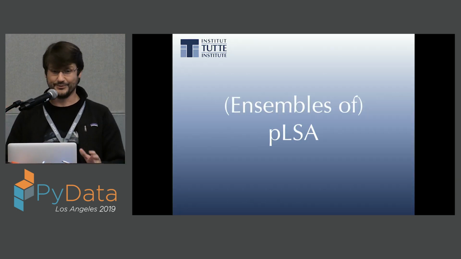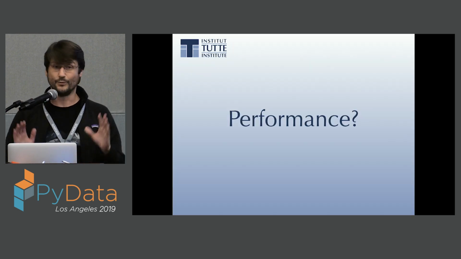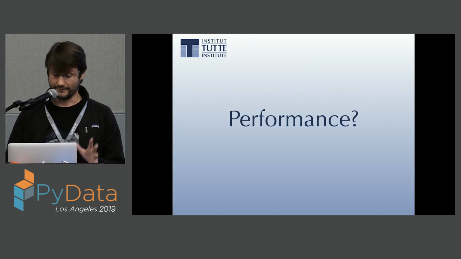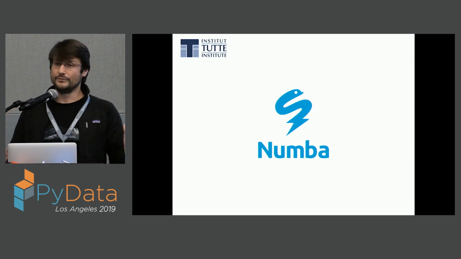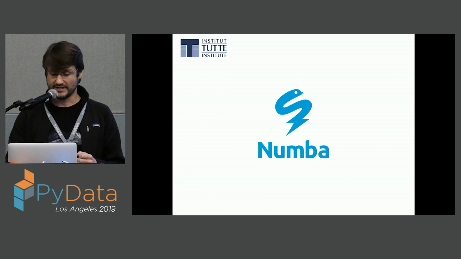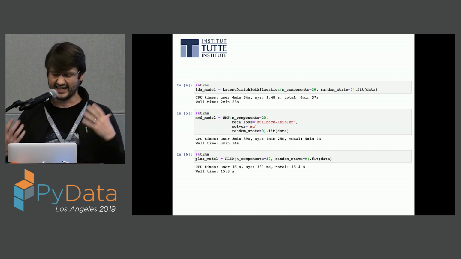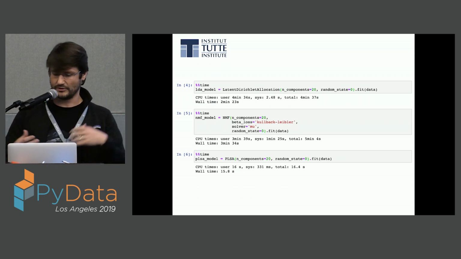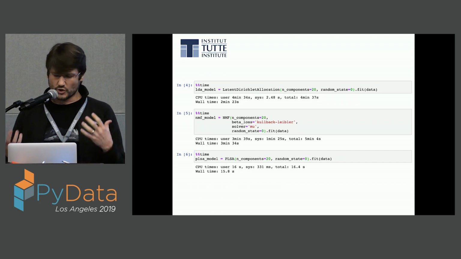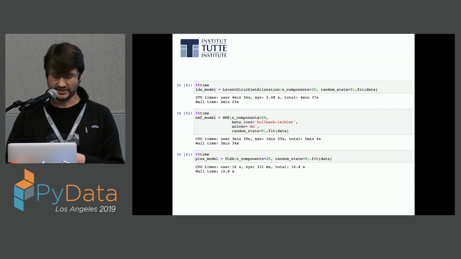What I want to do is ensembles of PLSA. We'll get there in a minute, though. First of all, why am I using PLSA? Performance. I wrote an implementation of PLSA using Numba to get really fast performance out of it, and the result is that using scikit-learn, I can do this particular corpus in 2 minutes with LDA, about 3 minutes with non-negative matrix factorization, or 16 seconds with PLSA.